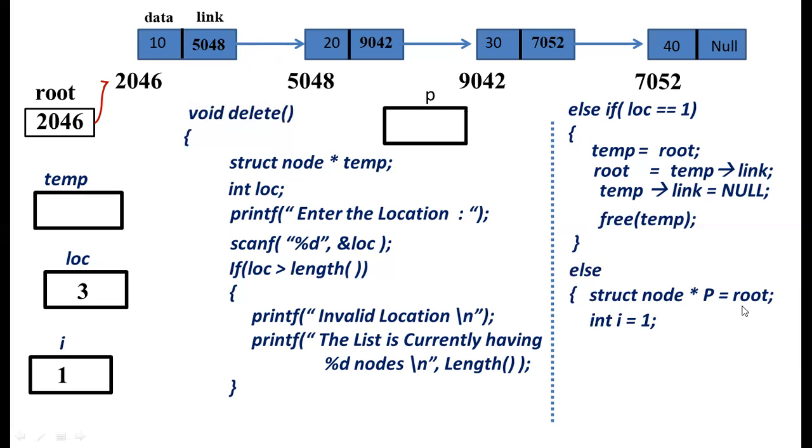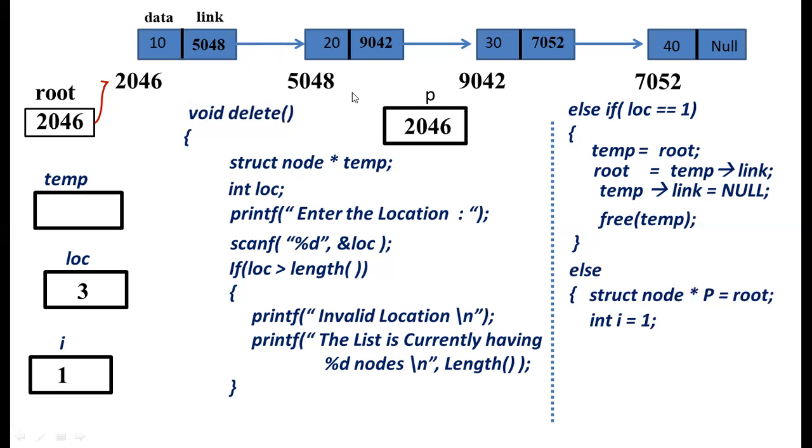So here p contains the root value. So 2046 will be stored here. So 2046 is stored into p, so that p will be pointing to the first node.